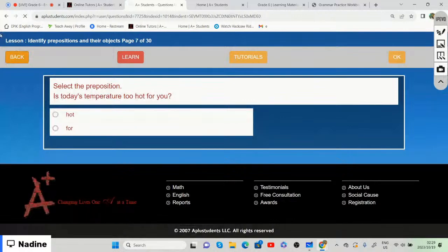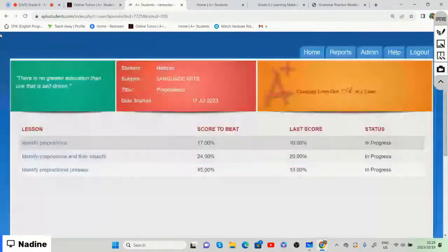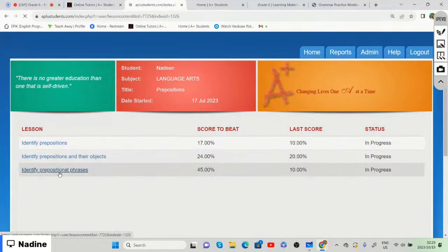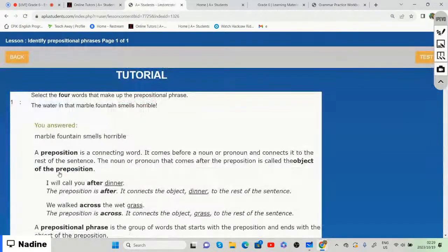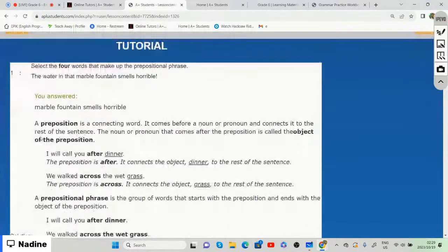So that was us identifying the prepositions as well as their objects. Now we're going to identify prepositional phrases. A preposition is a connecting word that comes before a noun or pronoun and connects it to the rest of the sentence. The noun or pronoun that comes after the preposition, we call the object of the preposition.